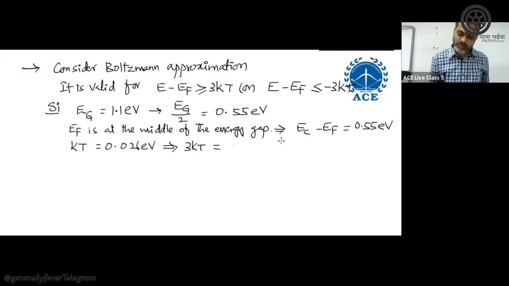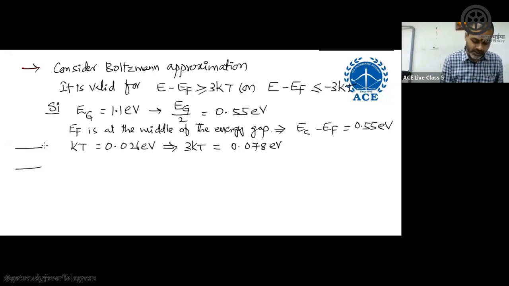So consider the lowest possible energy in the conduction band. See, this is the energy band. This is EC, this is EV. So EC is the lowest possible energy. Your conduction band is from EC to infinity, and the valence band is from minus infinity to EV. Any energy level that you consider in the conduction band, if it is satisfied for EC minus EF, it is satisfied for almost all.